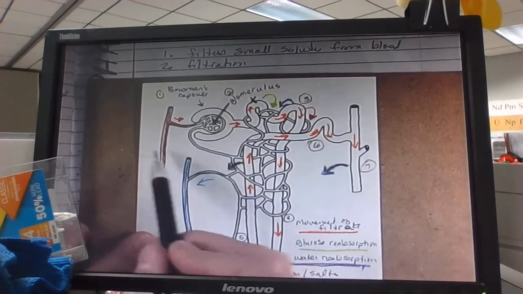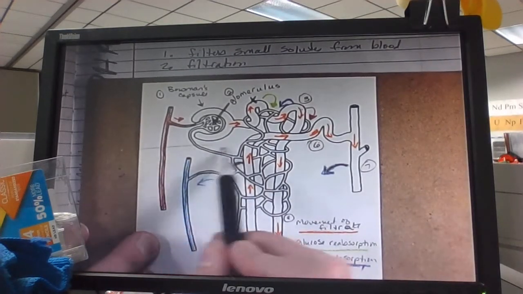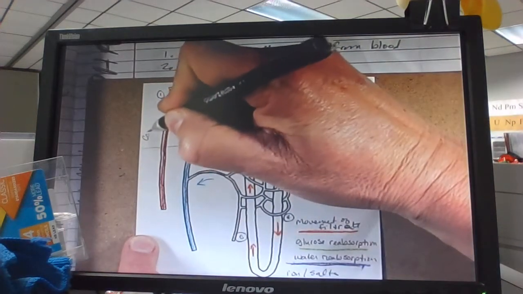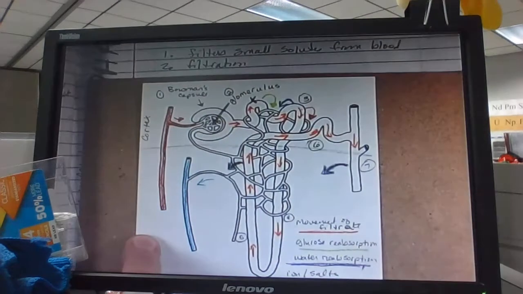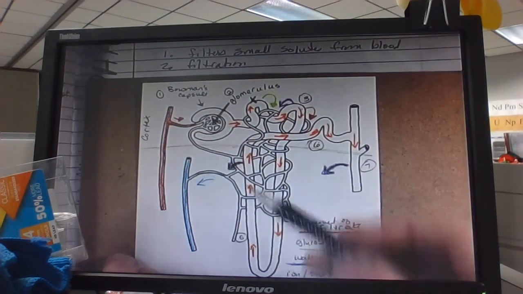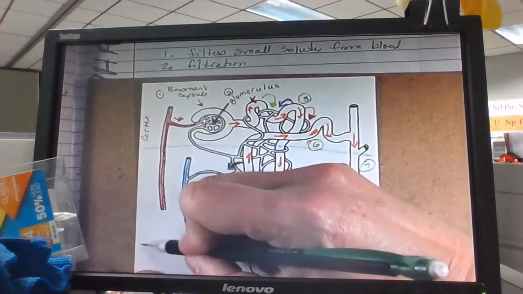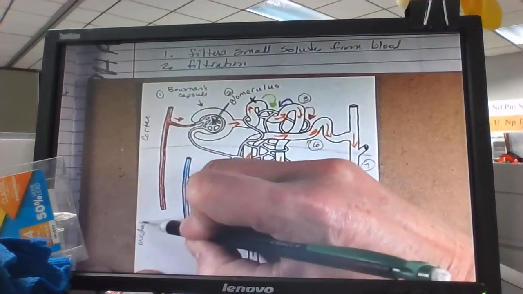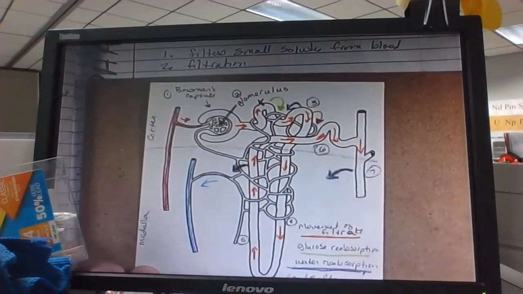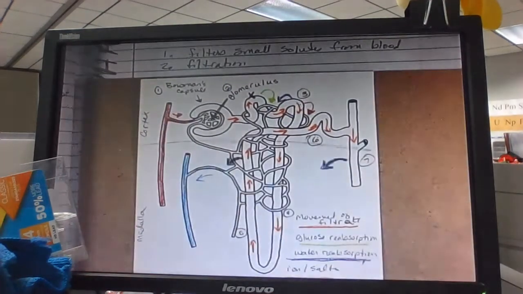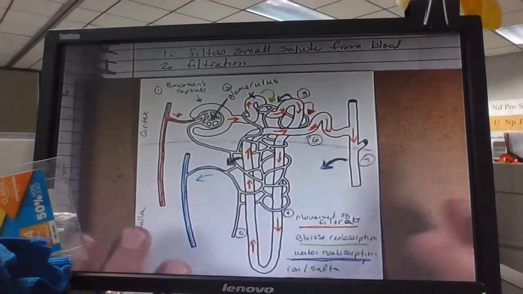And this part of the nephron is going to be located in the cortex of the kidney. This part of the nephron is going to be in the medulla, and then the pelvis is going to be down below. But cortex and medulla, that's the important parts where these things are located.